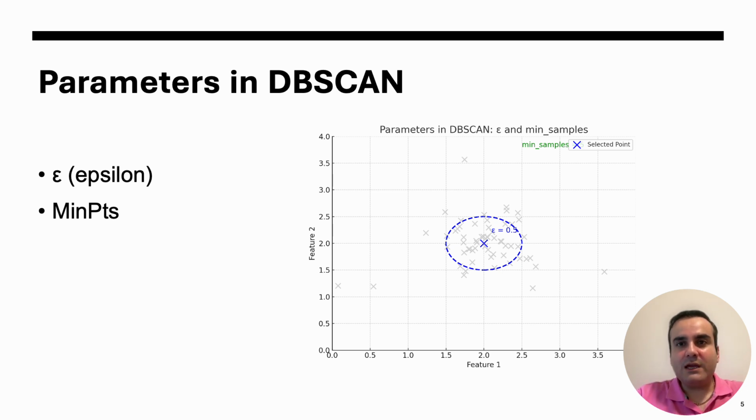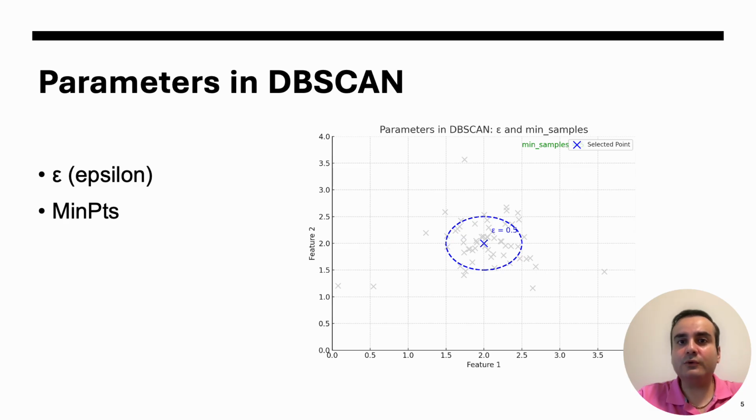DBSCAN has two main parameters. Epsilon defines the radius around each point that we consider for neighbors. Min points defines the minimum number of neighbors needed to form a dense region. Setting epsilon too small may lead to too many small clusters or points marked as noise.